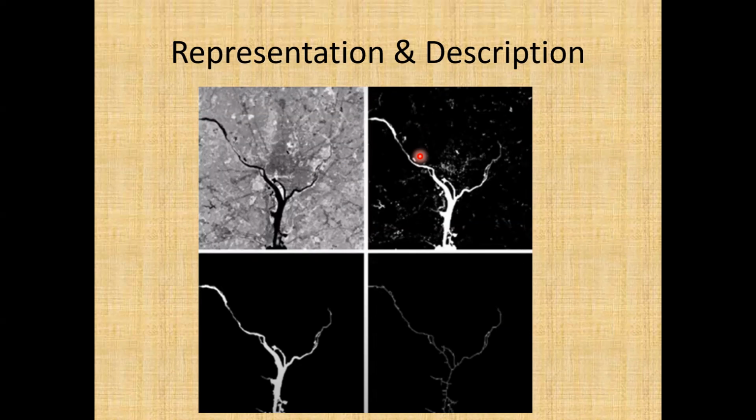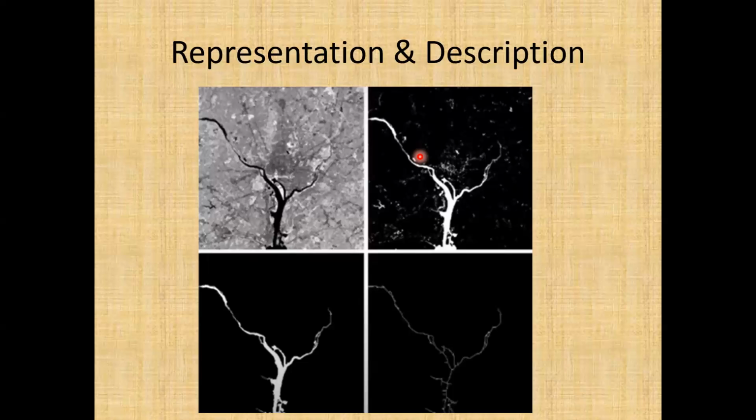So description, or feature selection, deals with extracting the attributes, and these attributes are the result in the form of quantitative information, and they are used for differentiating one class of objects from the others. Description is nothing but differentiating or grouping the objects, grouping of similar objects.